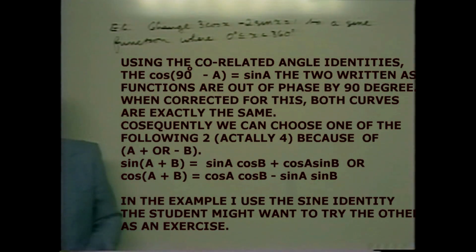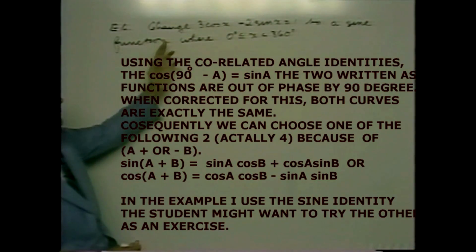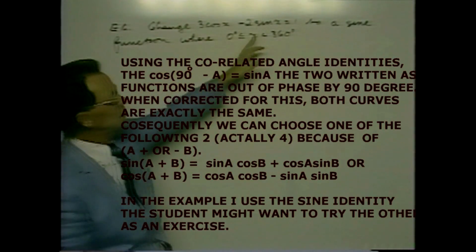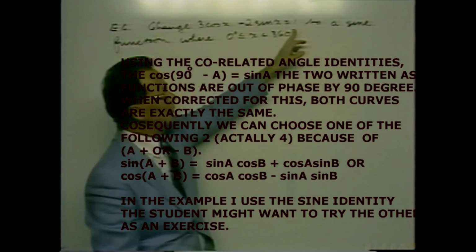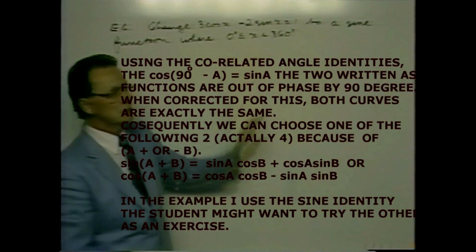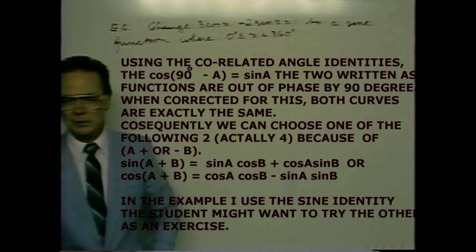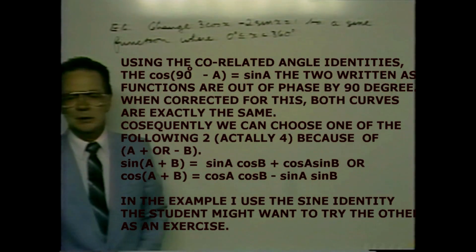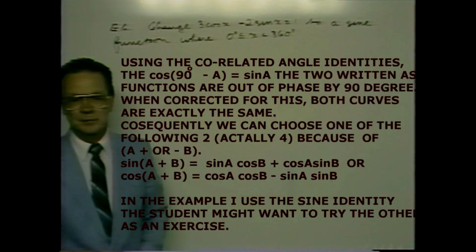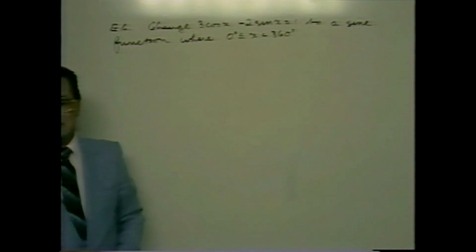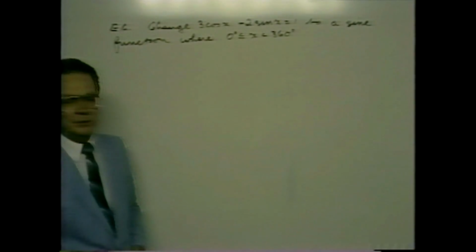We want to change the equation 3 cos x minus 2 sine x equal to 1, where x ranges between 0 and 360 degrees. What we'll want to do is, first of all, rewrite the given equation so that the terms correspond in the same order as what were found in the identity that I wrote earlier.